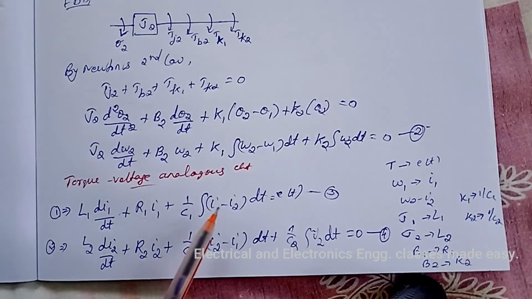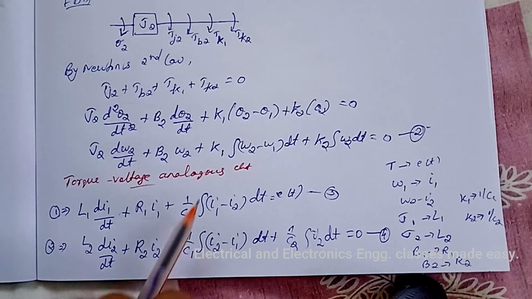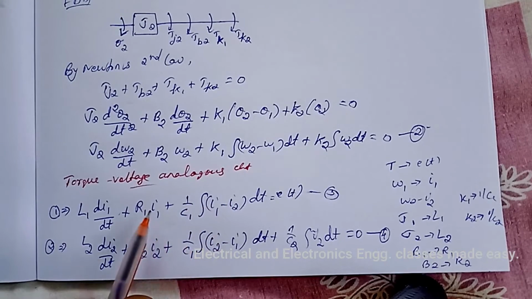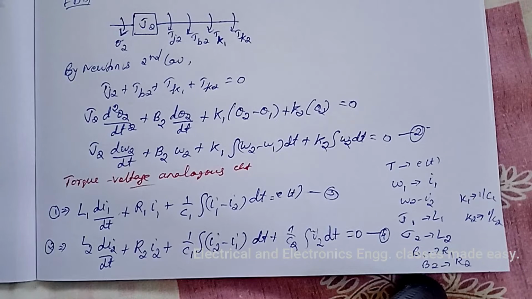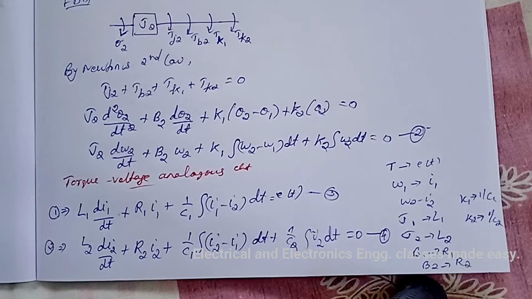So here the common element is this capacitor, and there will be two closed loops. So we can draw the torque voltage analogous circuit.